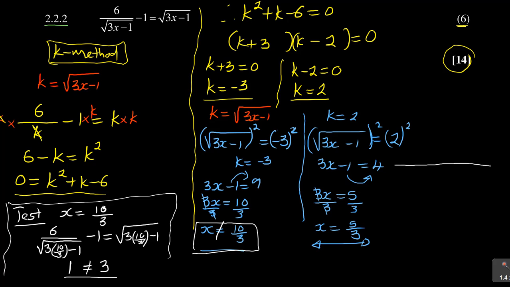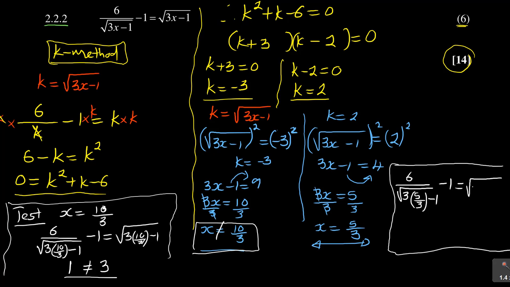So what I have got on the left hand side was 6 over square root of 3 into 5 over 3, minus 1, is equal to square root of 3 into 5 over 3, minus 1.